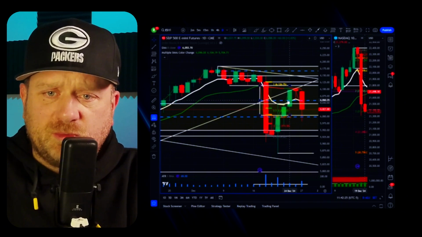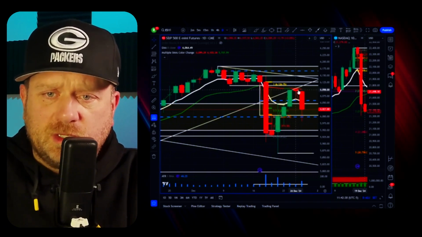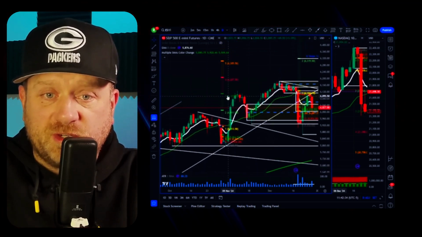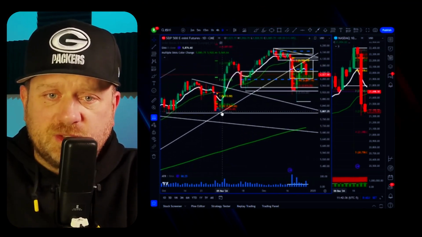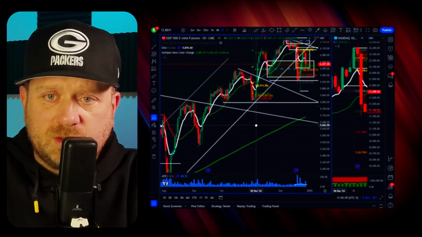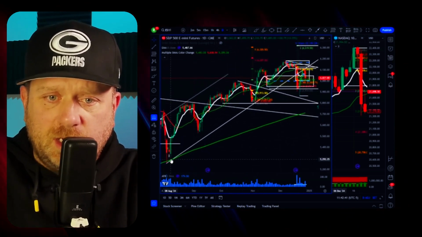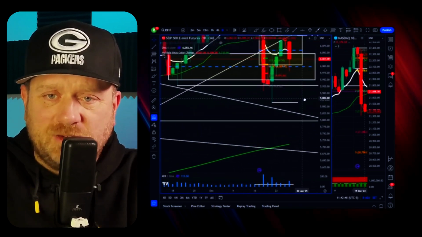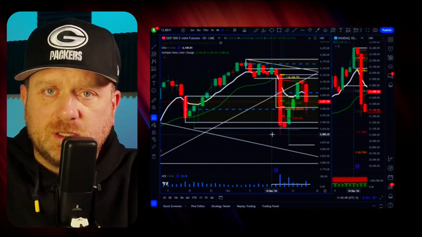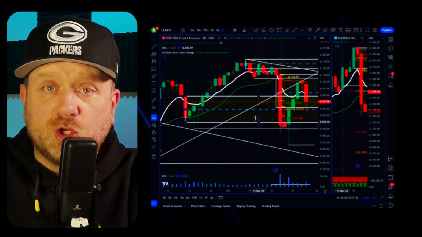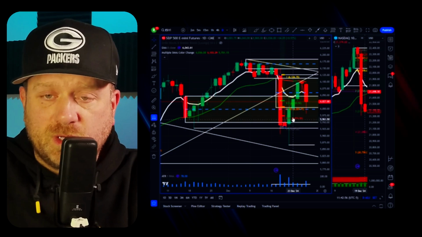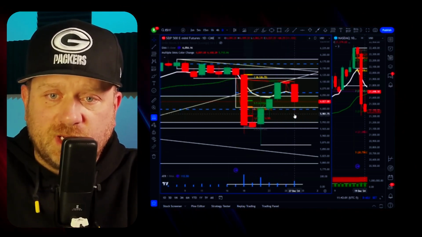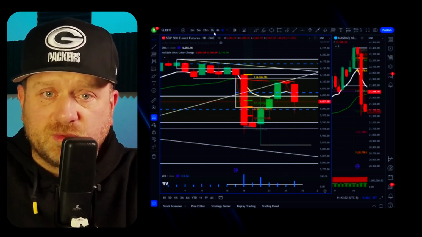So we get the rally, and then throughout the week we get little to no follow through, which to me was a clear signal to be very, very patient on the long side, because it was a touch from the lower side of the low to low trend line, and it created an event at the location with the current counter trend. So you get the little to no follow through, you get the 3-bar play, and you get a move down. That's kind of what happened throughout the week.